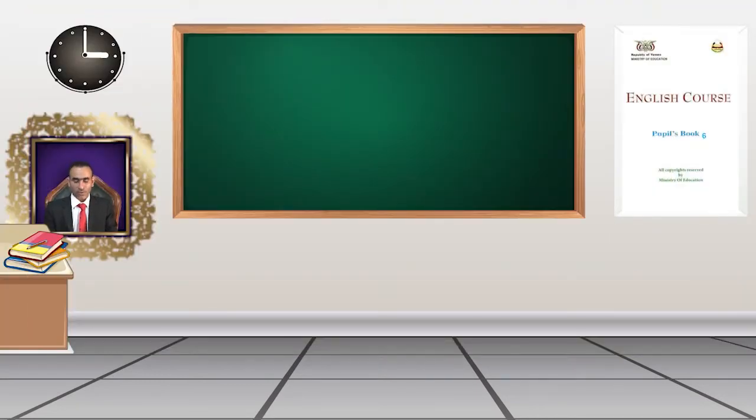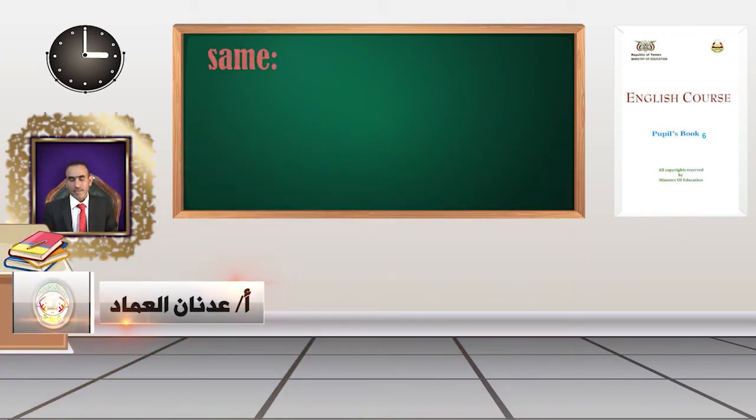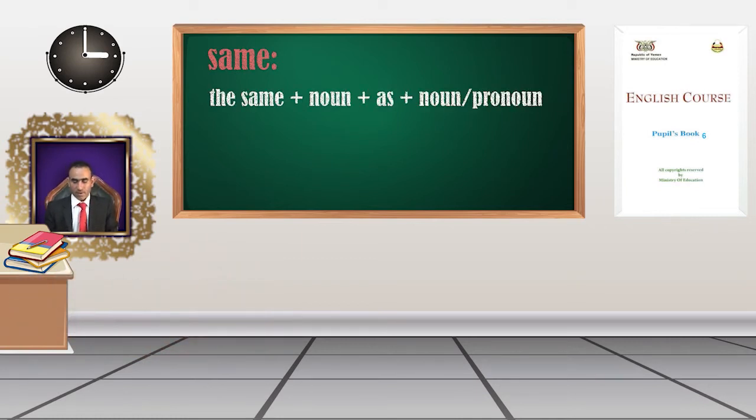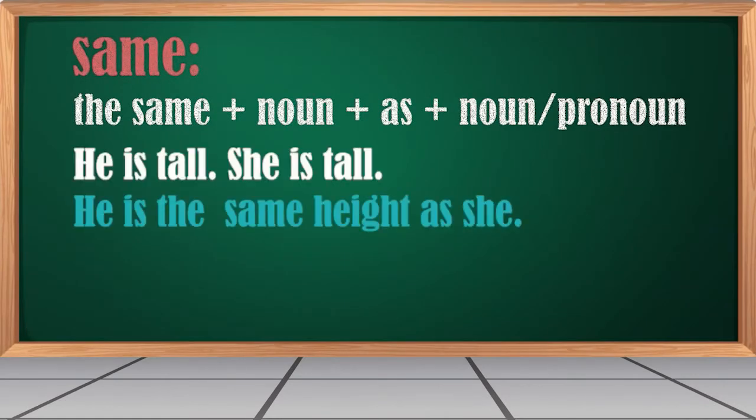Well, it can also be used in a negative statement to show the things aren't equal. This word, same, is followed by a noun, not an adjective. Look at these two sentences. For example, he is tall. She is tall.